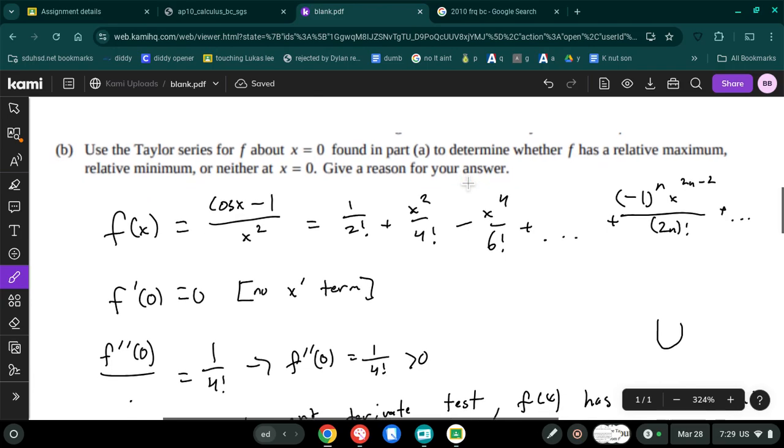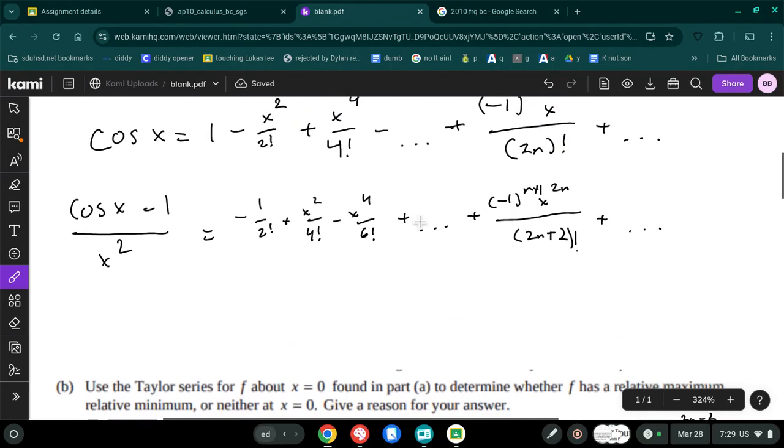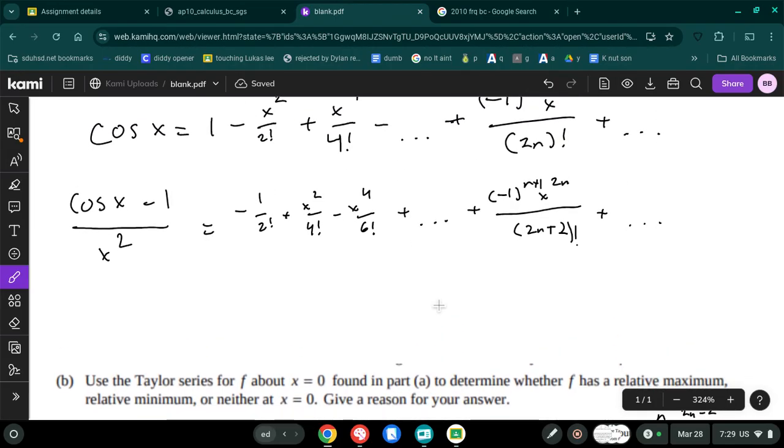Okay, so use the Taylor series for f about x equals 0 found in part A to determine whether f has a relative minimum, a relative maximum, or neither at x equals 0. So this is asking us to identify what f double prime of 0 is in an equation.